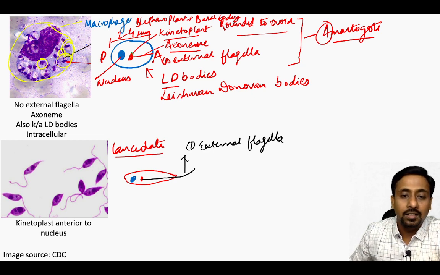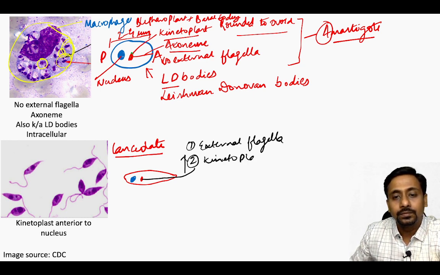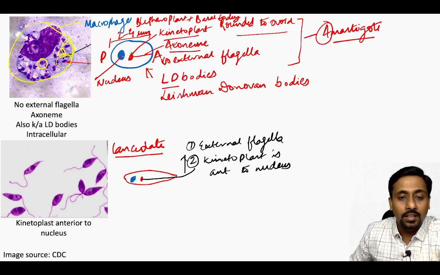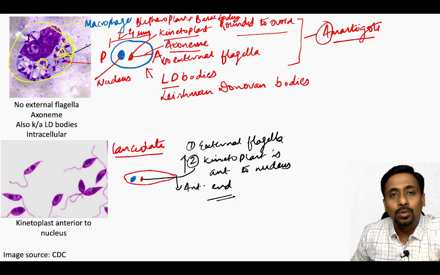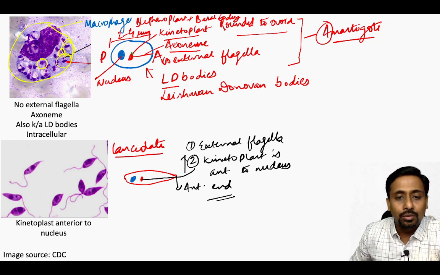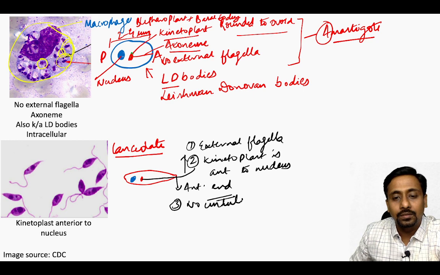Again, this kinetoplast is anterior to the nucleus, and this time the flagella comes out from the anterior end. There are two more structures of hemoflagellates in which you can see an undulating membrane. There is no undulating membrane in the case of promastigote.